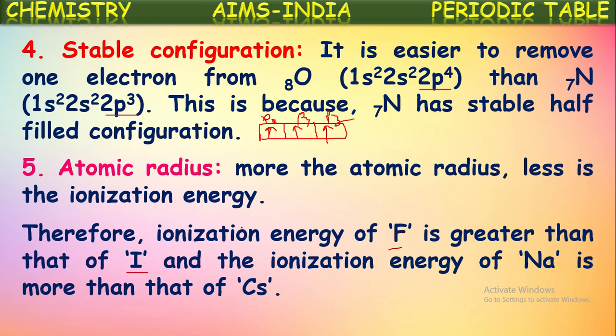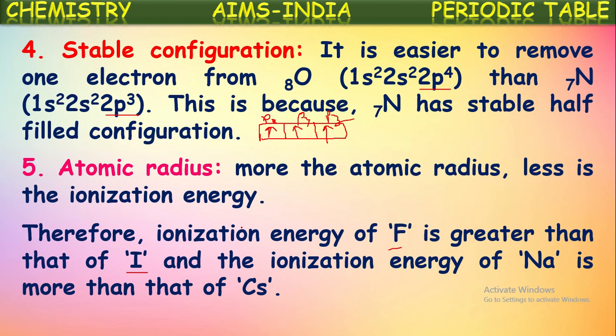Small size means small atomic radius. So from the nucleus to the outermost electron, the distance will be less. Hence electrons are held by the nucleus very tightly. Whereas in the case of iodine, the size is much larger compared to fluorine. So the distance from the nucleus to the outermost electron will be much greater, and the force of attraction decreases. So the removal of an electron from this is much easier compared to fluorine.